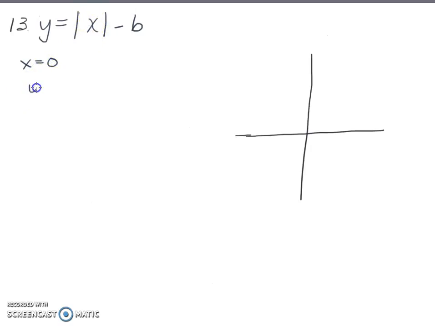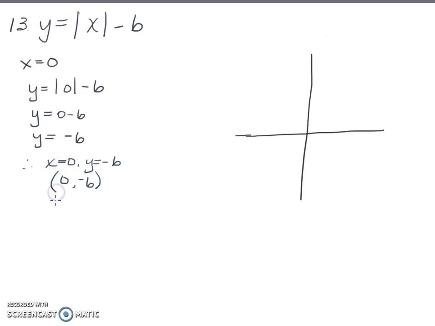So when I rewrite it, y is equal to the absolute value of 0 minus 6. The absolute value of 0 is 0, so the equation becomes y equals 0 minus 6, so y is equal to negative 6. Therefore, when x equals 0, y equals negative 6.